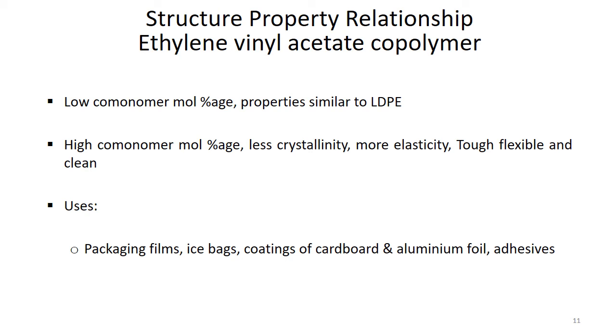If the concentration of comonomer is least, the properties should resemble the original polymer. That is why at low comonomer mole percentage their properties almost match low density polyethylene. But as the comonomer content increases, the materials become less crystalline and more elastic.